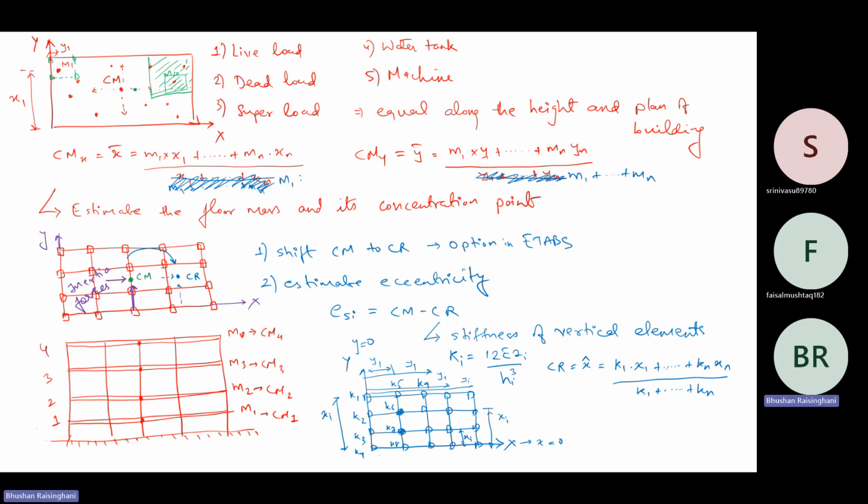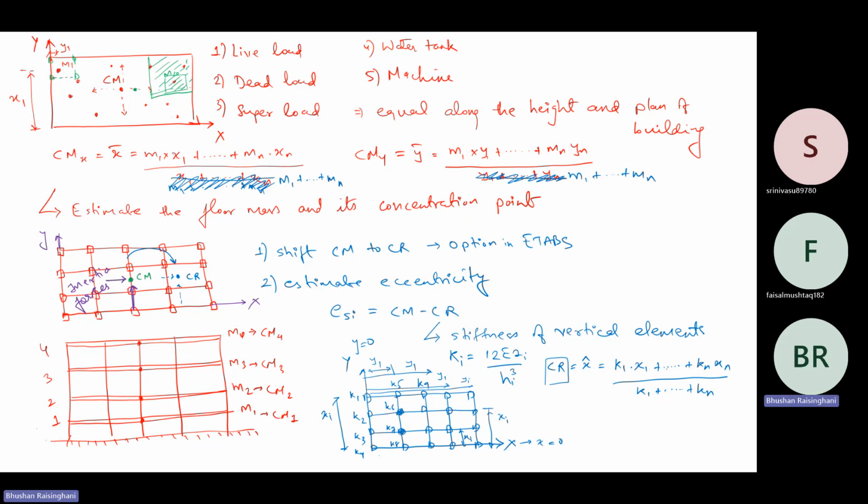Here also M1 up to Mn. So this way the mass is estimated. So now how the mass is estimated we have seen, and what is the formula. Now this is for the CR, center of rigidity. So stiffness into ordinate divided by total stiffness. That will give you CR. And the same way X and Y ordinate you have to estimate.